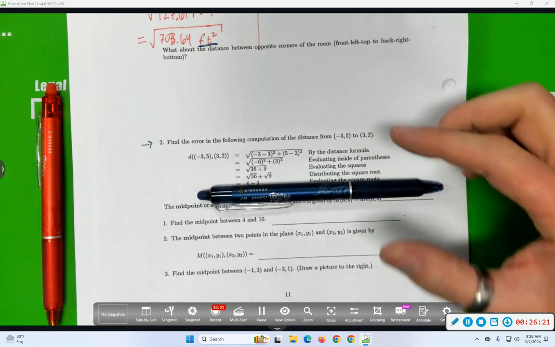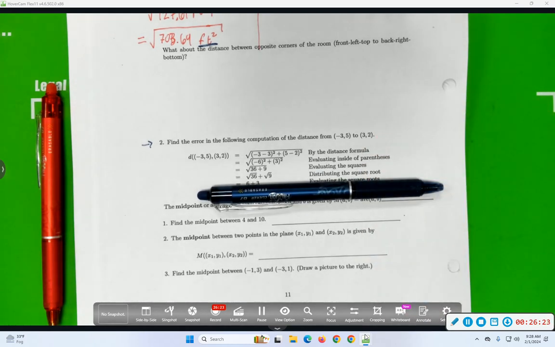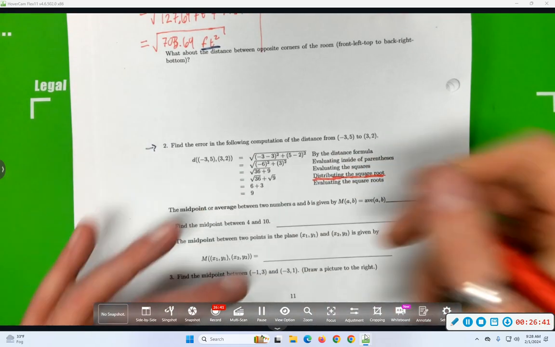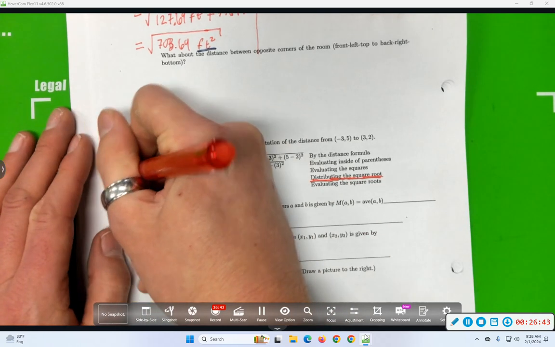In the next step, I say that I am going to distribute the square root. Is that done correctly? No, why not? They're supposed to be all under one. Yeah, square root doesn't distribute over addition. So here's a caution.